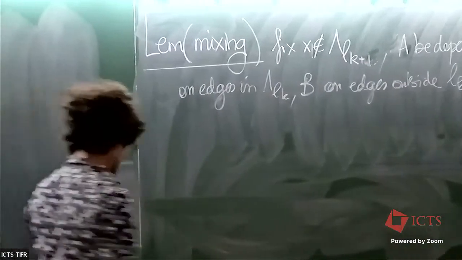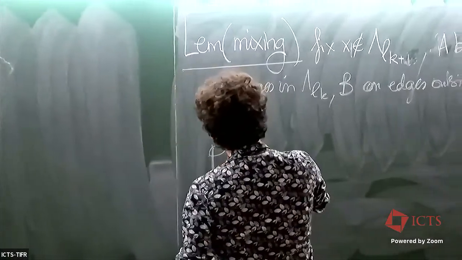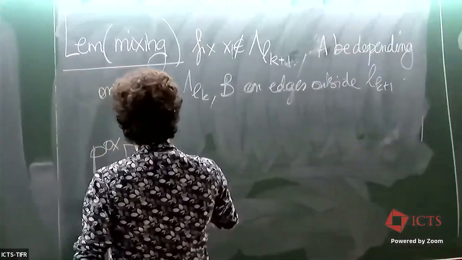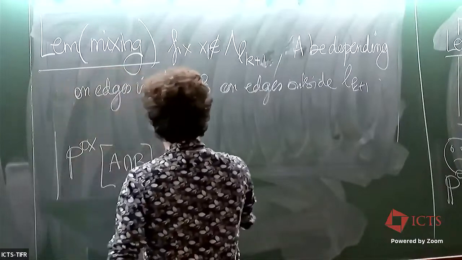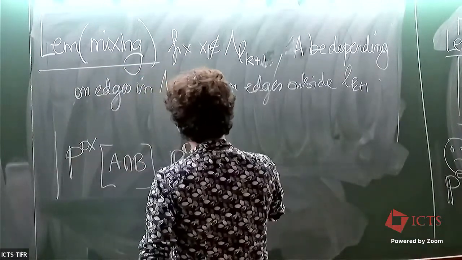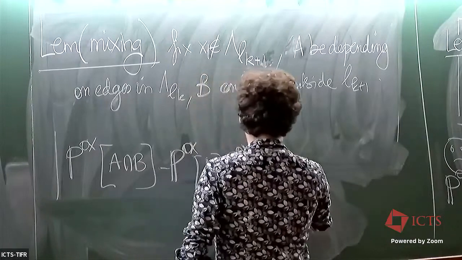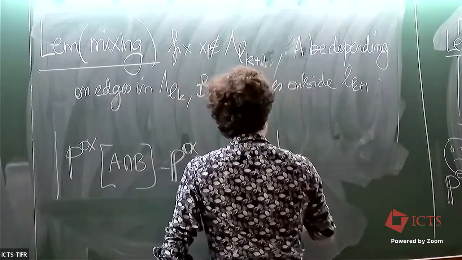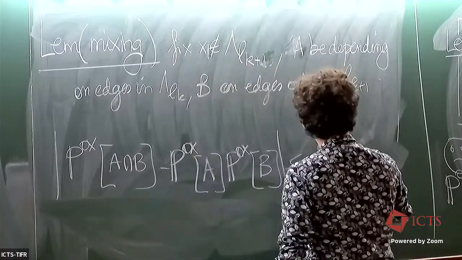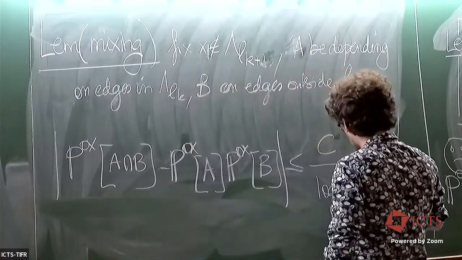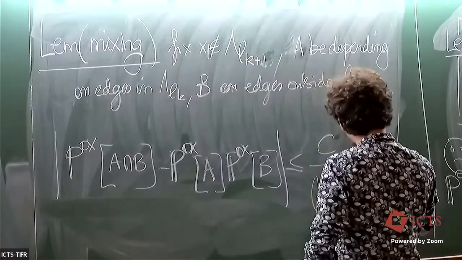So what I claim is that when I'm measuring the difference between the probability of the intersection and the product of the probabilities, I get something small. And the something small is log L_k to some power.